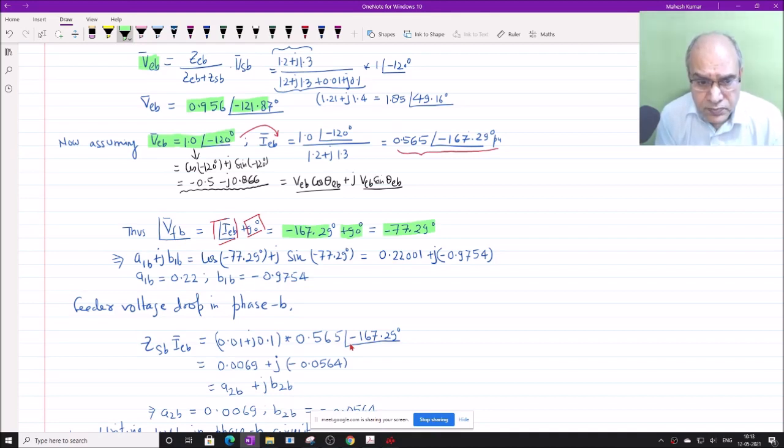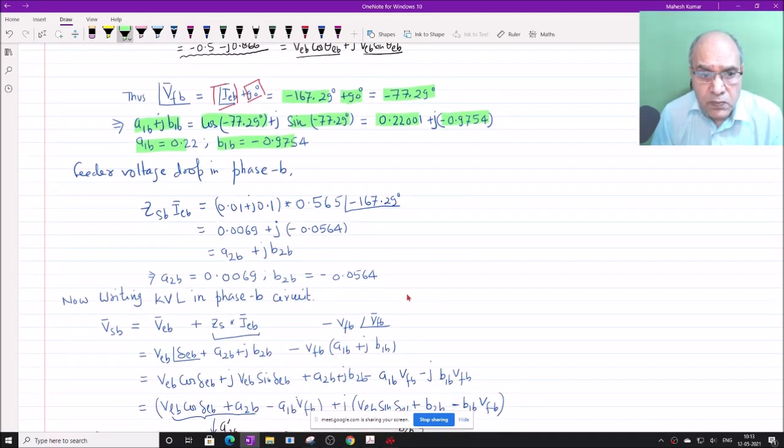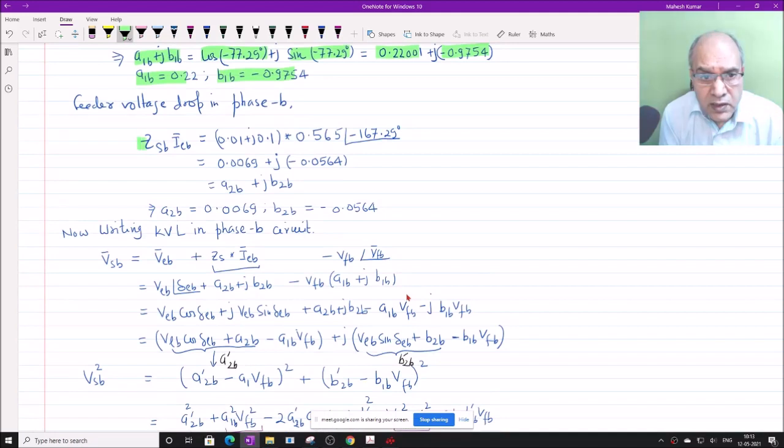We will see it. So A1 is nothing but cos of this angle, and B1 is sine of this angle, and this is positive, this is negative this time. So this is A1B, this is B1B. And the voltage drop across the feeder in phase B is ZSB into ILV.